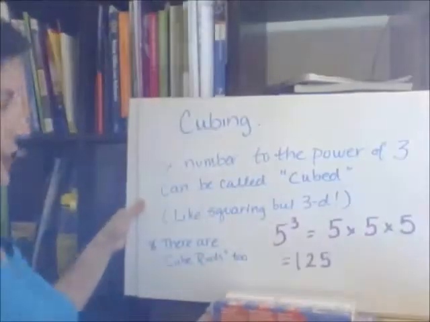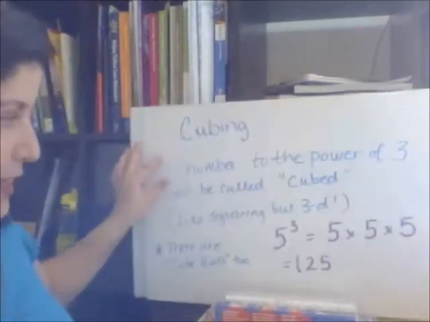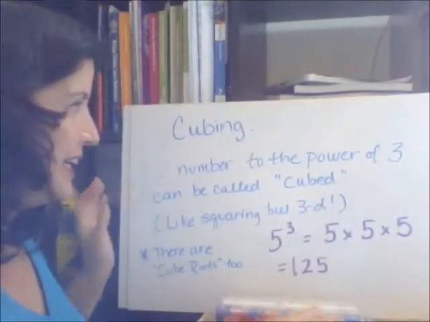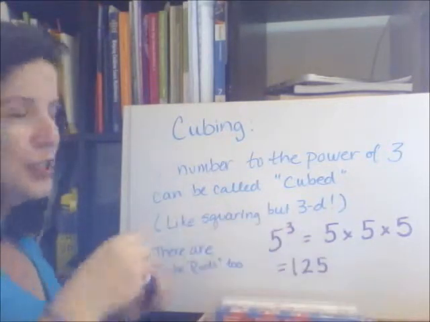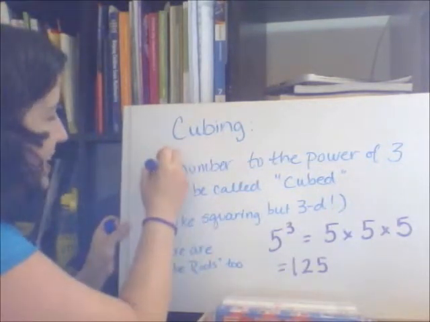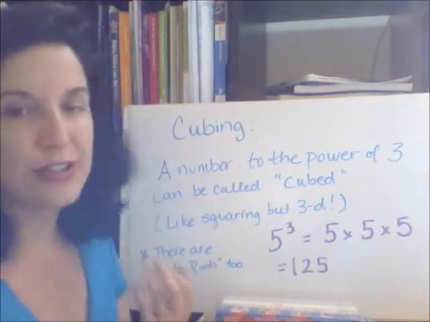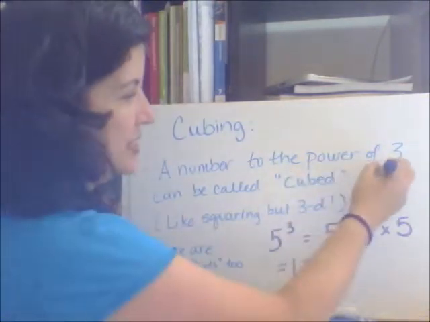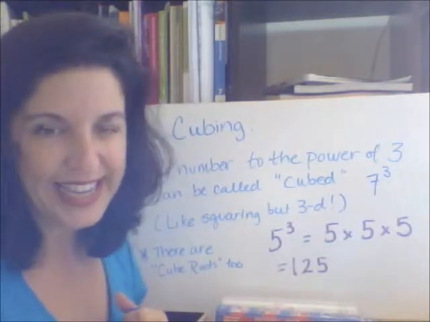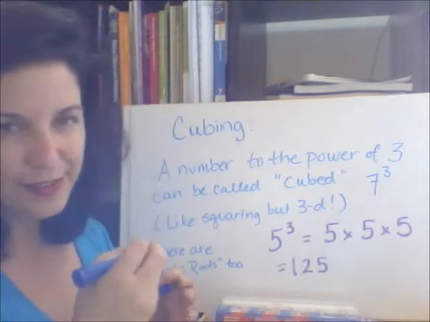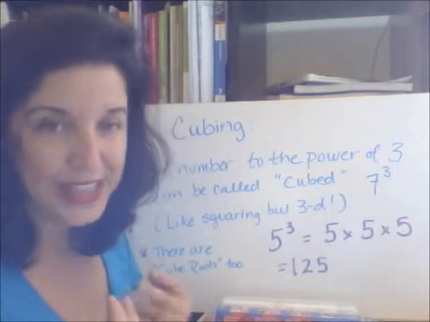Now, if you take a number to the power of 3, you can call it cubing something. So if I have 7 to the power of 3, I can say 7 cubed. That has to do with the same phenomenon that I showed you with the square, only in 3 dimensions.